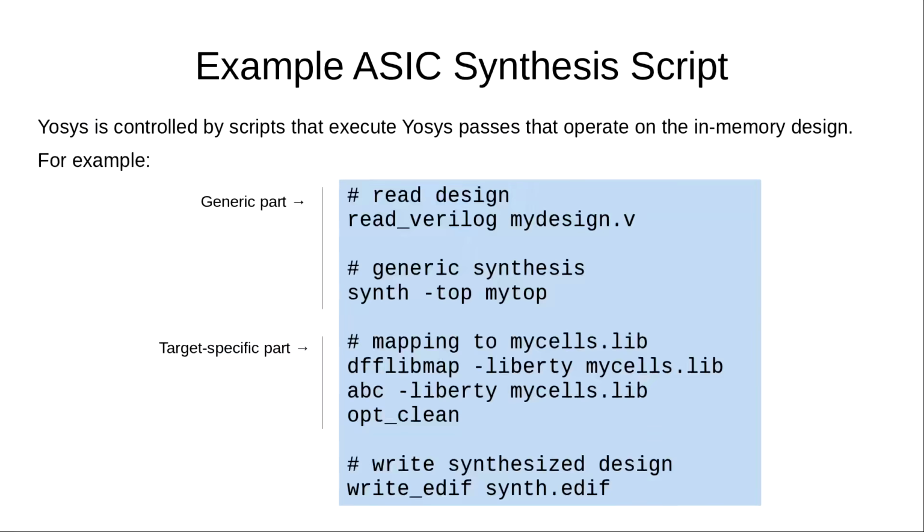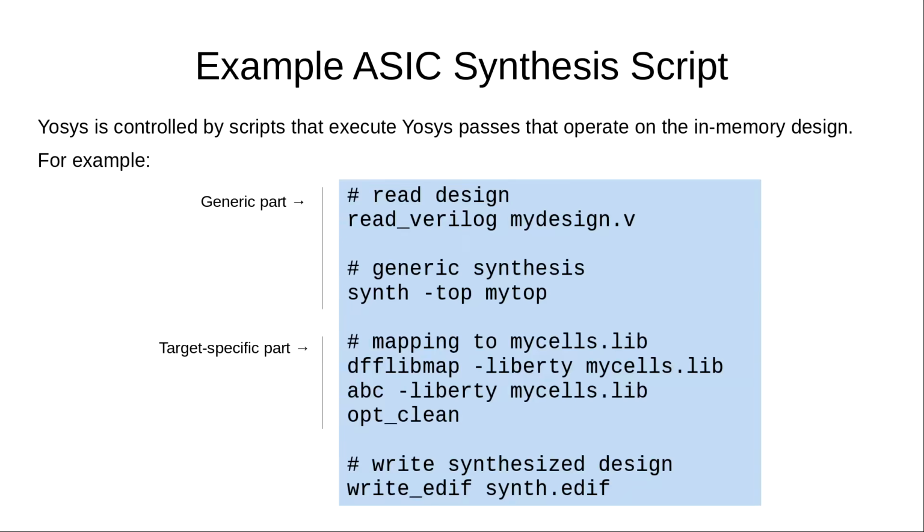So what does a Yosys synthesis script look like? It's something like this here. You usually have a generic part that is just, read these design files, and then some kind of synthesis command. Here it is the very generic synth command.